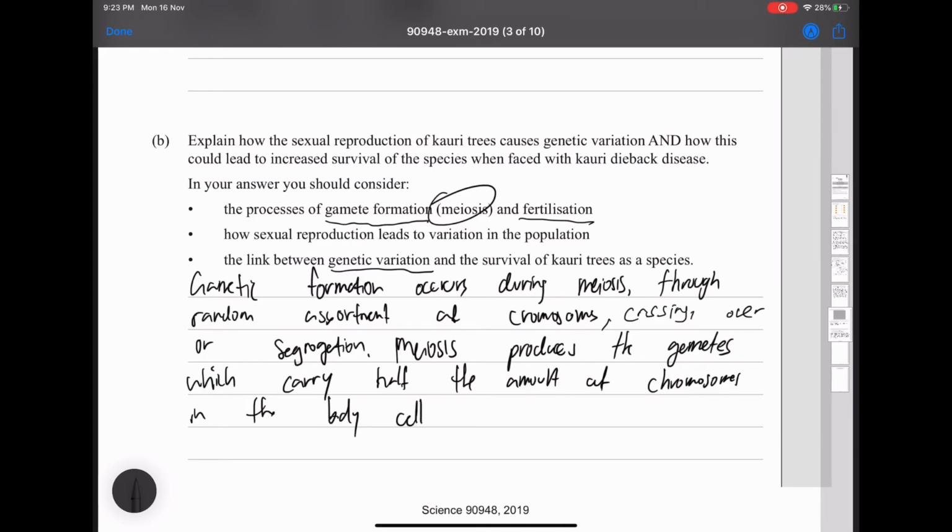So this statement here is really important, that the gametes produced carry half the amount of chromosomes in the body. They don't carry all, they carry half.